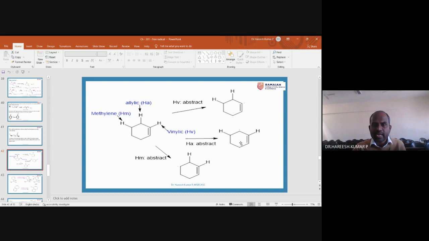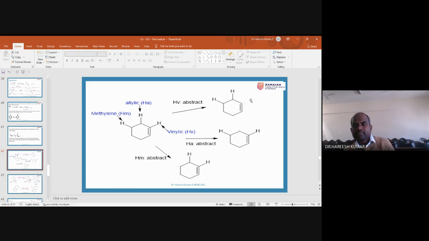Where is the allylic radical? This is the allylic hydrogen abstraction. This is the allylic radical. The obtained allylic radical is stabilized by resonance. Stabilized by resonance means this pi bond undergoes homolytic cleavage and forms a double bond here and forms a radical here. So other than the allylic radical, vinylic hydrogen abstraction and methylene hydrogen abstraction do not give a stable radical.